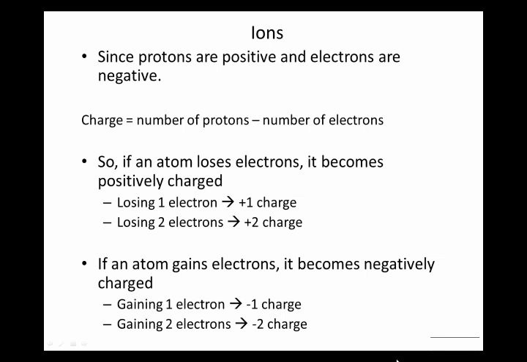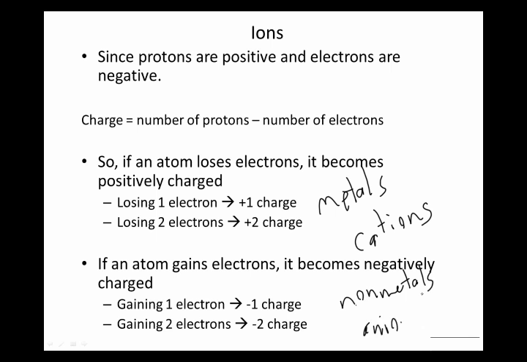Metals tend to lose electrons and become cations. So metals tend to be cations, and nonmetals tend to be anions because they gain electrons, right? If something loses 2 electrons, it gains a +2 charge. If it gains 2 electrons, it gains a -2 charge.